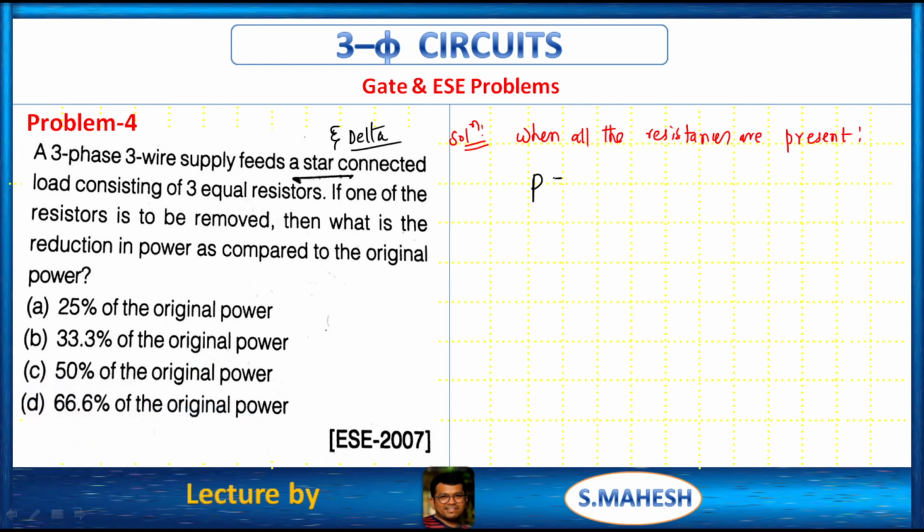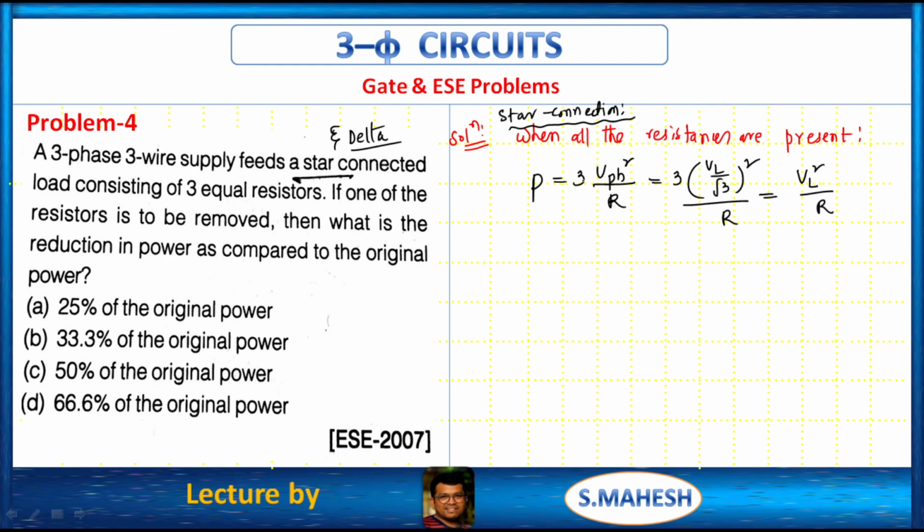P is equal to 3 P phase square by R, which is equal to 3 into V phase, which in case of star connection is VL by root 3, whole square by R, which is equal to VL square by R. That's it, in case of star connection.